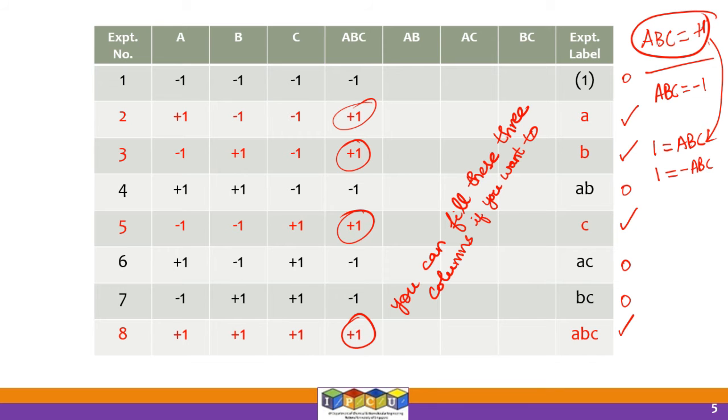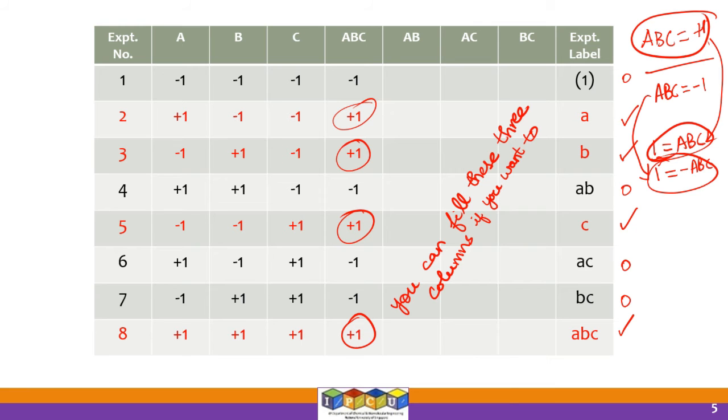Here I'm doing the same thing: I'm flipping the left and right hand sides and also transferring the minus sign from the left side to the right side. I have not distorted anything. So I can write 1 is equal to ABC for the experiments that are marked in red color, that means experiments 2, 3, 5, and 8. And for experiments 1, 4, 6, and 7, I can write 1 is equal to minus ABC.